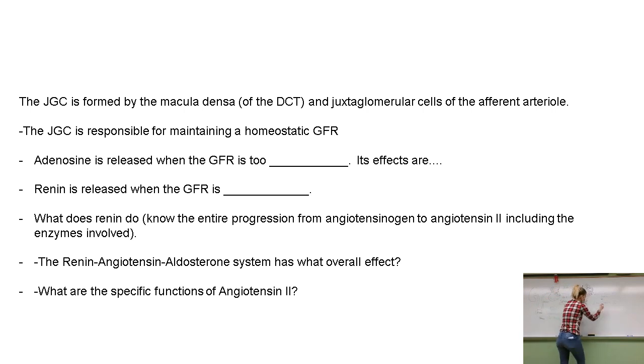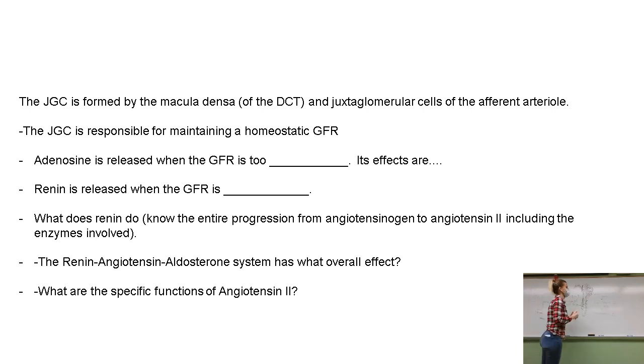Then angiotensin 1 gets converted into angiotensin 2, and that's the big dog. That's the one that has a ton of effects. What is it that converts angiotensin 1 into angiotensin 2? ACE. That's angiotensin converting enzyme. Angiotensinogen is like a pro-enzyme, right? Well, a pro-hormone.